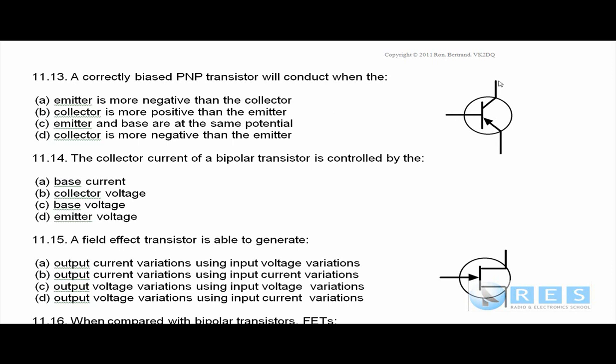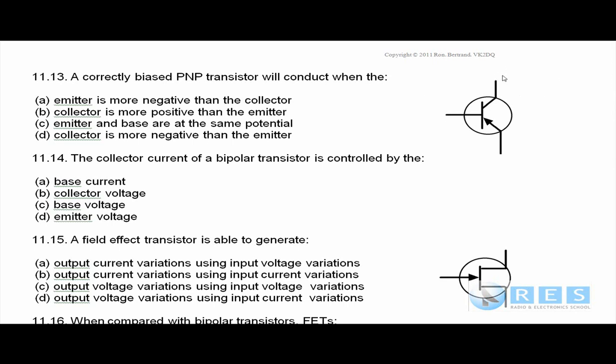The collector is very negative, the base is less negative, and the emitter is always positive. So the emitter is more negative than the collector, that's wrong. The collector is more positive than the emitter, that's wrong. The collector is more negative than the emitter is correct.